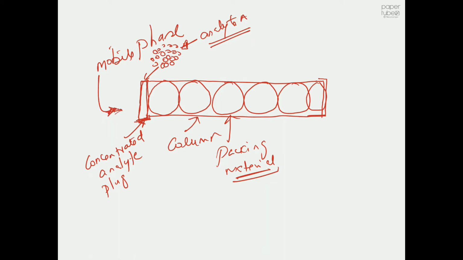So once we supply the mobile phase, as I said to you, due to constant flow, it will dissolve your analyte, and then the dissolved phase, the eluent, will go through the stationary phase until it reaches the column exit.